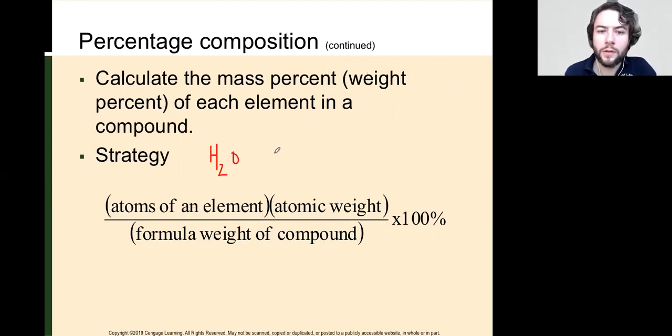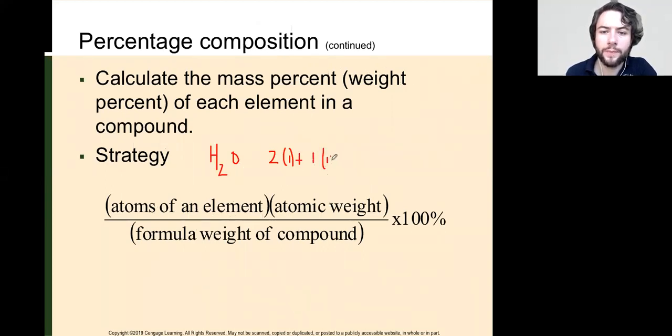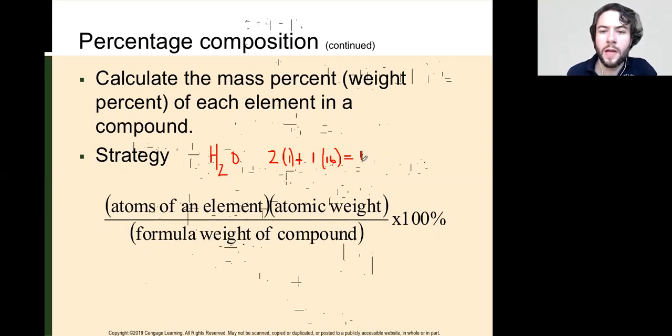So it's got 2 hydrogens. I'm calculating right now the formula weight or the molecular weight. Formula weight just covers more classes of species. Times 1, plus 1 times 16. This is the oxygen. So that's going to be equal to 2 times 1 is 2, plus 1 times 16 is 16, so that's going to be equal to 18.